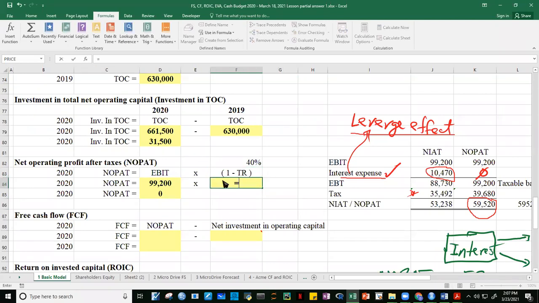So I'll just write equals 1 minus, okay. And I know that my tax rate starts with T. See, there it is, our named cell. Click tax rate. So the tax rate there is the 40%. So 1 minus tax rate, that gives us, enter.